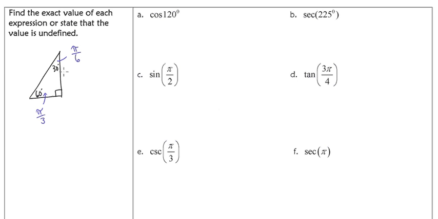And these pieces are going to be, if this is our radius of 1, then over here we have 1/2, and over here we have the square root of 3 divided by 2. So remember, we're cutting it in half as we go from the hypotenuse to the short leg, and then from the short leg to the long leg, multiplying by the square root of 3.